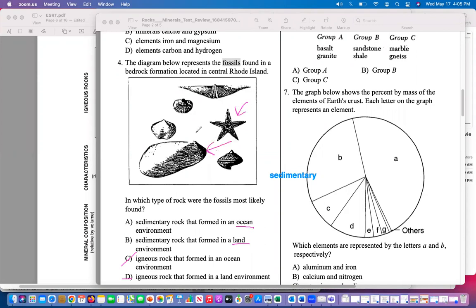Shells and starfish seem like they come from a wet environment, an environment with water. Because it comes from a wet environment, I know it's a sedimentary rock that formed in an ocean environment. And that's why the correct answer is choice 4.